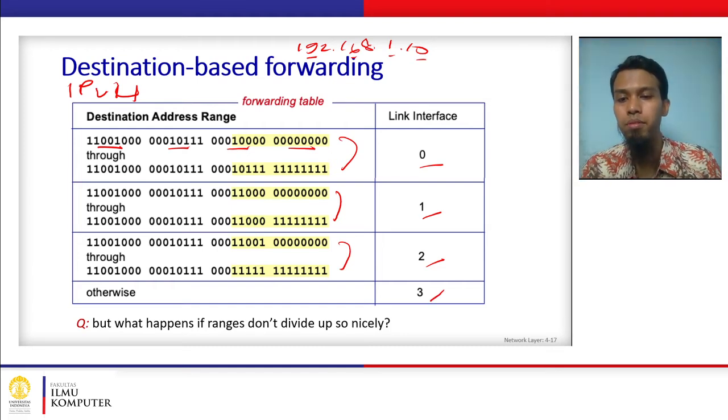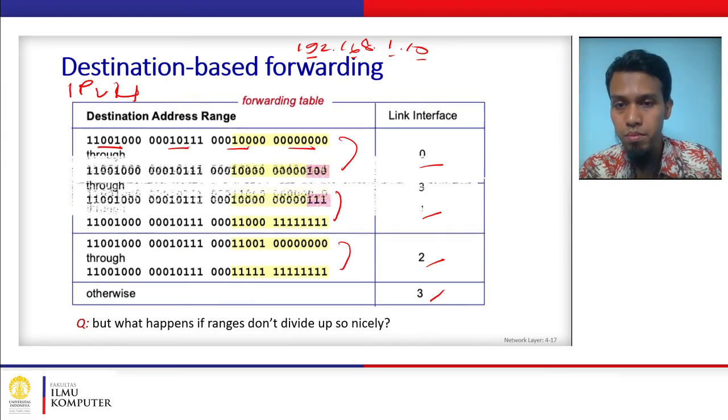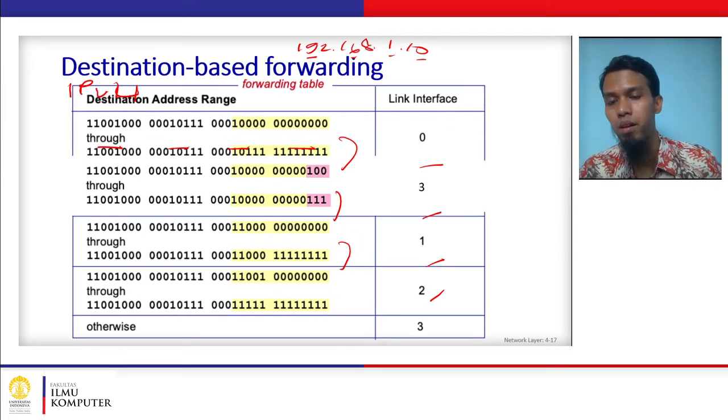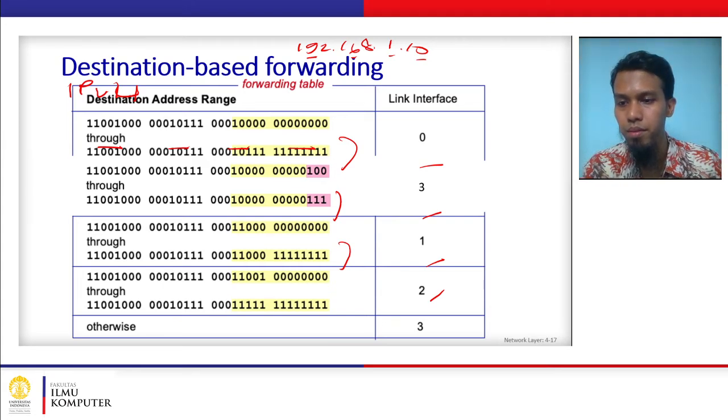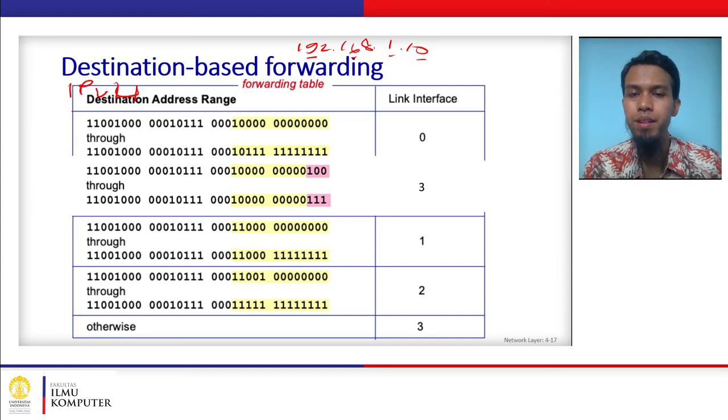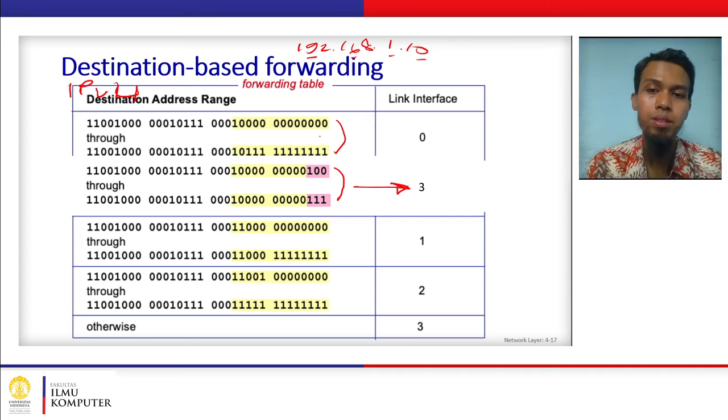But what happens if the ranges don't divide up so nicely? For example, within the first range, we define another range of IP addresses, and we want this specific range to be forwarded to another link interface.